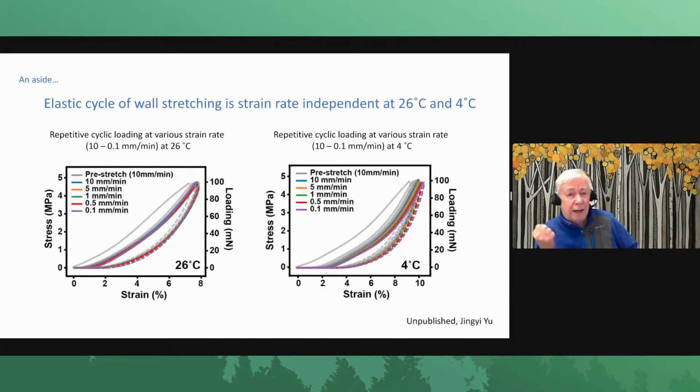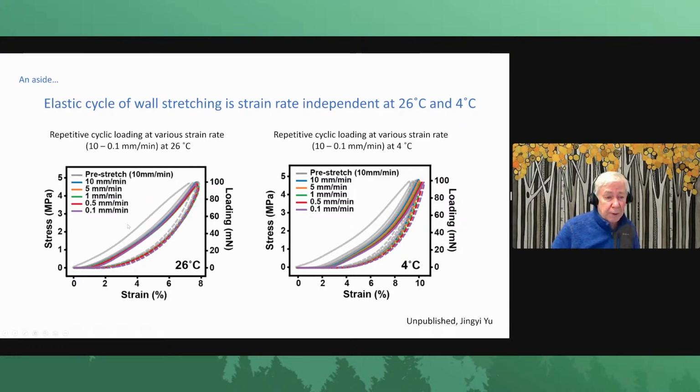Now, just as an aside, when we did these stretching experiments, we tried varying the strain rate. And so that's shown. We do a pre-stress, so that gets rid of the plastic deformation. And then we repeatedly do the second stretching, and then a third and a fourth. And we change the strain rate by a factor of 100.